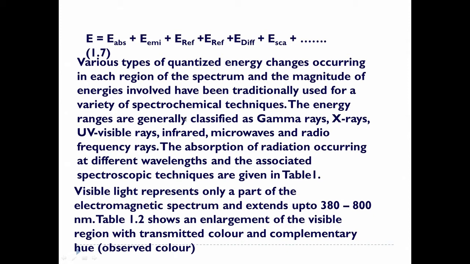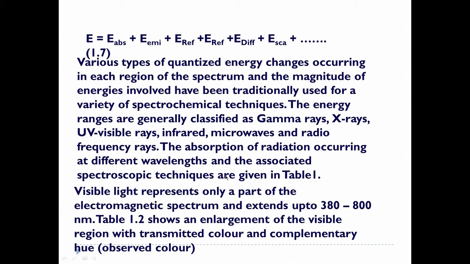The energy ranges, normally we always say, are gamma rays, X rays, UV, visible, infrared, microwaves, radio frequency rays, etc. The absorption of radiation occurring at different wavelengths and associated spectroscopic techniques, I have given in the next table.